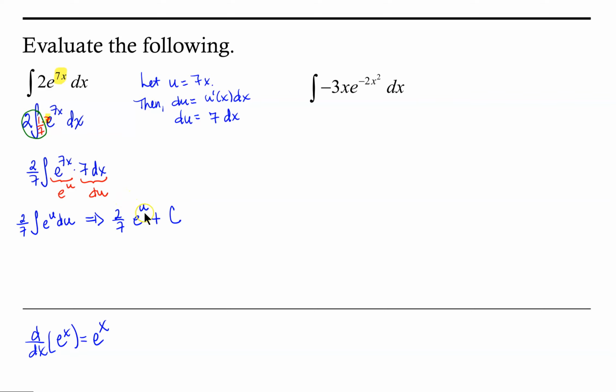So we simply just need to replace u with what it was defined to be. And in this case, it was 7x. So our answer to our indefinite integral is 2/7 e to the 7x plus c.